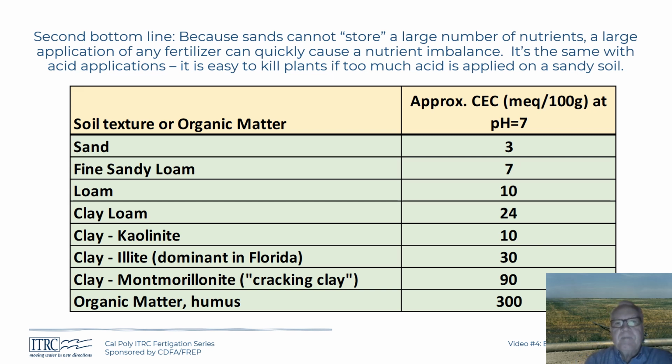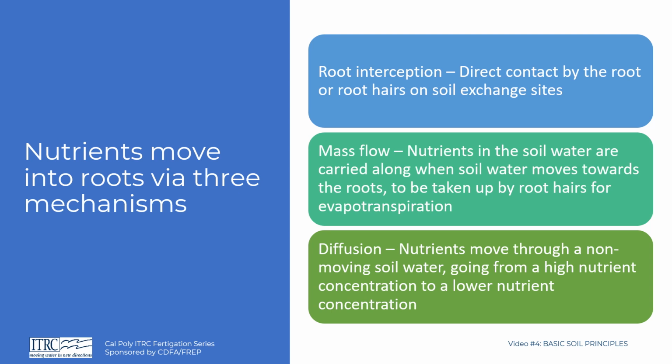As you recall, nutrients move into roots with 3 mechanisms, one at a time, of course. First of all, there's root interception. That's where the root hairs, or the root, directly hits the exchange sites. Very small distance of movement there.